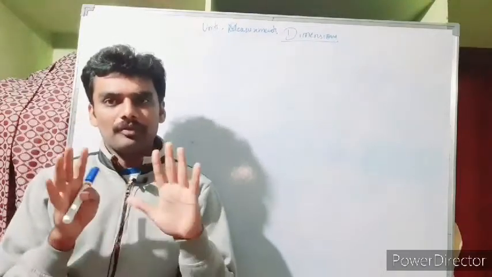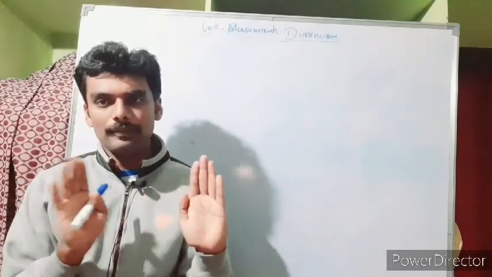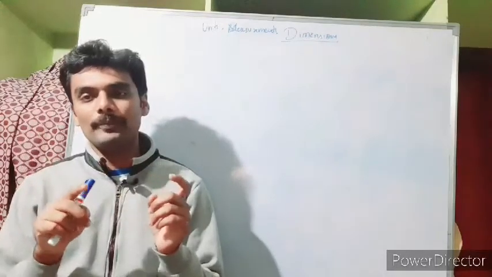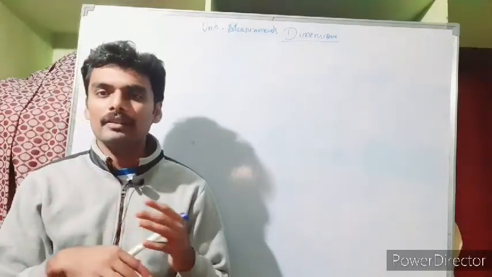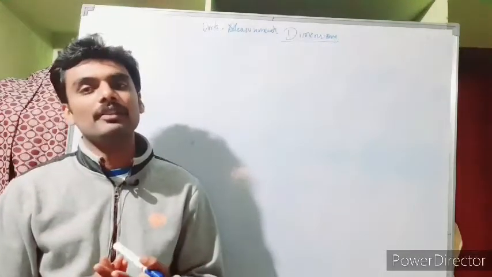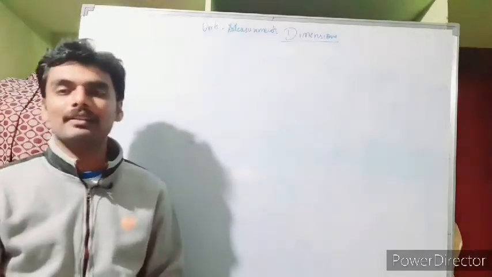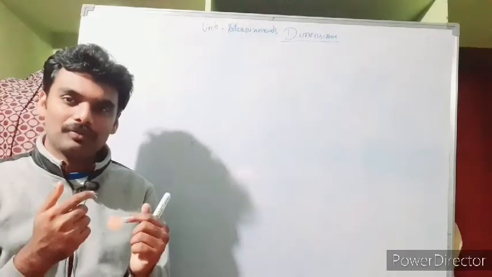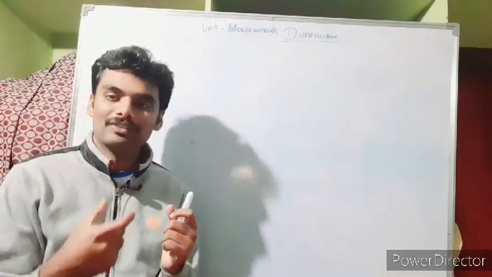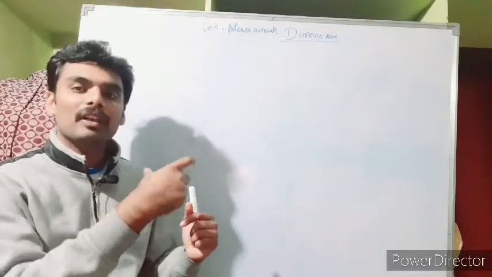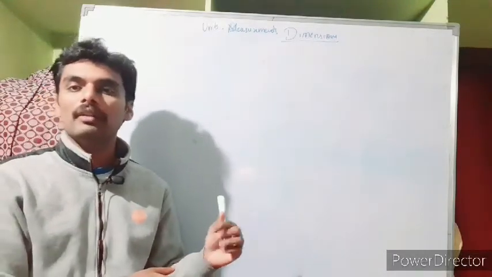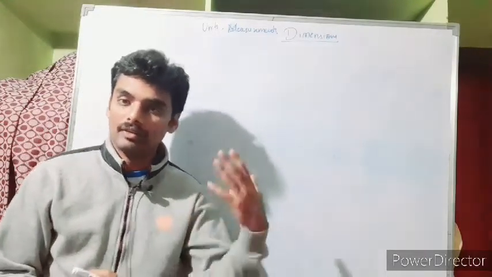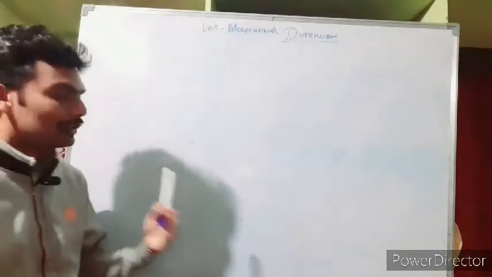If the dimensions of quantities in RHS and LHS are not the same, we say that we have done dimensional analysis, but it is not consistent, right? So dimensional analysis is just checking what is the dimension of this particular quantity and what is the dimension of this particular formula. We'll understand what dimensional analysis is through the applications itself.